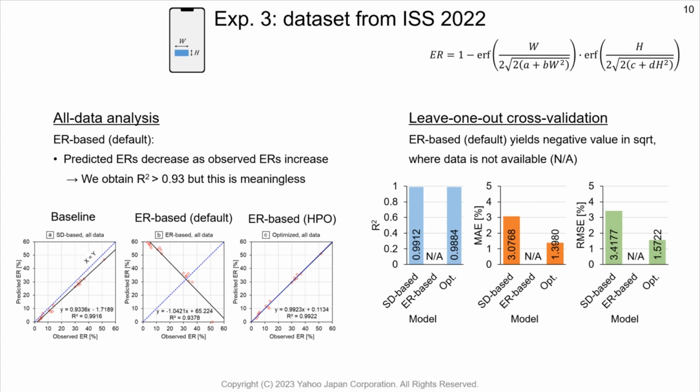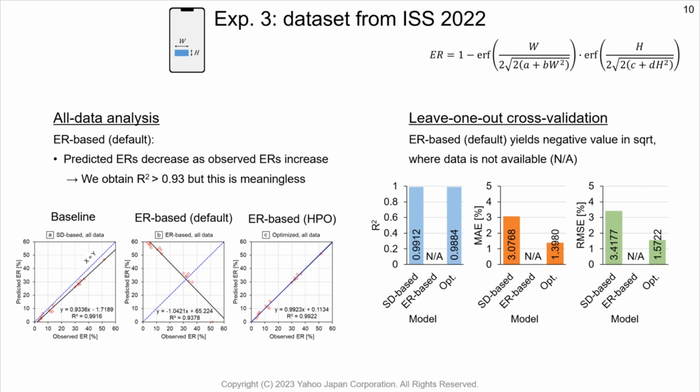Experiment 3 used a smartphone as the input device. The default ER-based method shows a negative slope for the regression, which means that the predicted error rates decrease as the observed values increase. Although we obtained a large R-squared value, this is meaningless, as we cannot predict the error rates accurately. In addition, for the leave-one-out cross-validation, the default ER-based method sometimes yields negative values in the square roots.